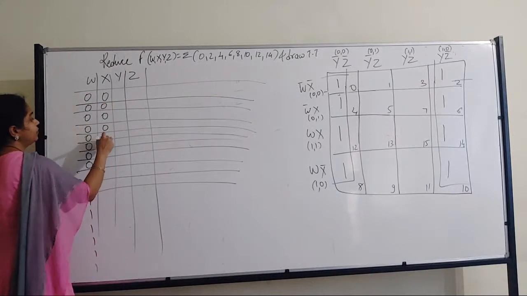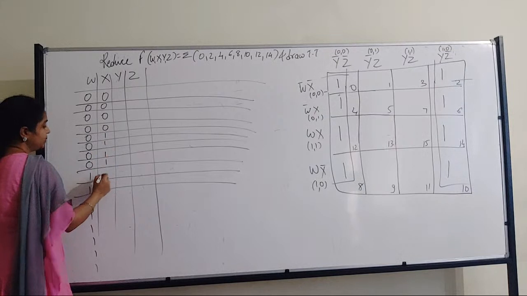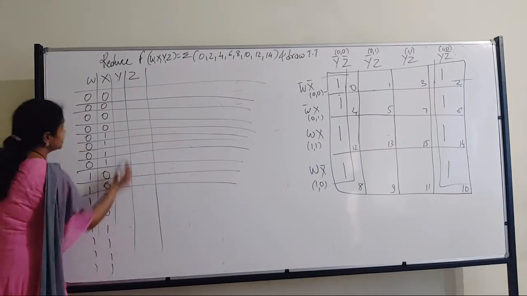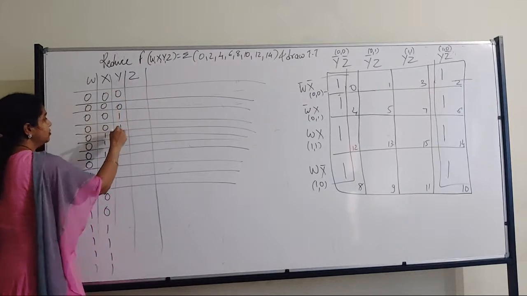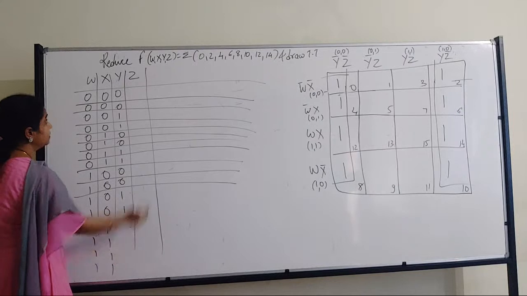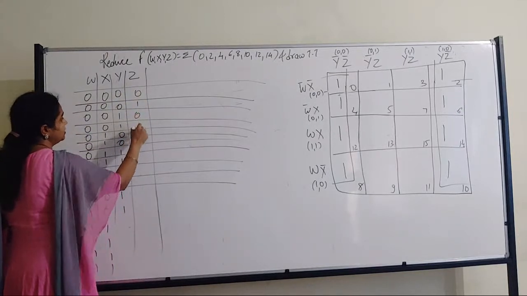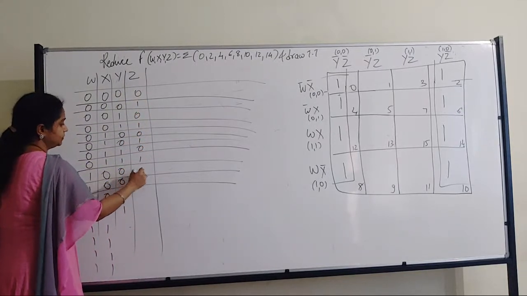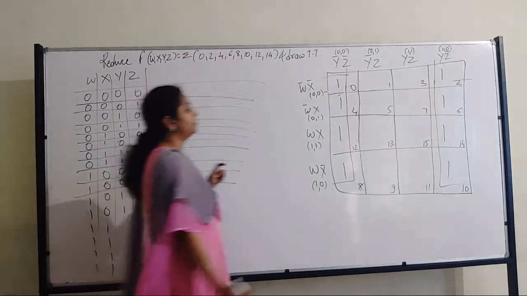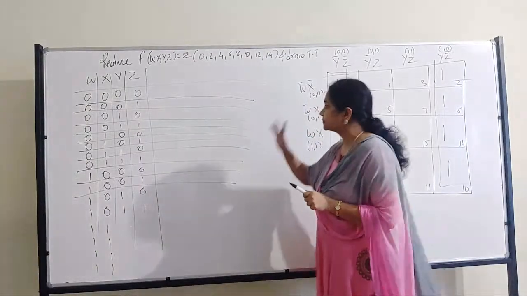Then next 4 ones, zeros, then ones. Then 4 zeros, then 4 ones. Then 2 zeros, 2 ones, 2 zeros, 2 ones, 2 zeros, 2 ones, and it goes on. Then 0, 1, 0, 1. And it goes on. Now what we have to do is, now this is very important.